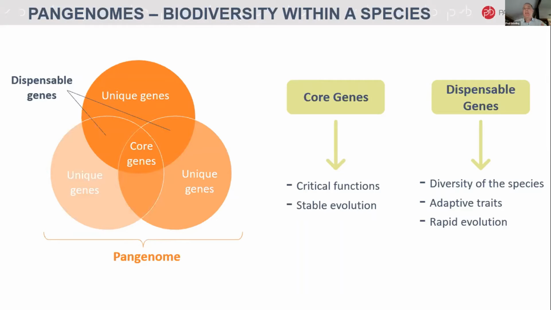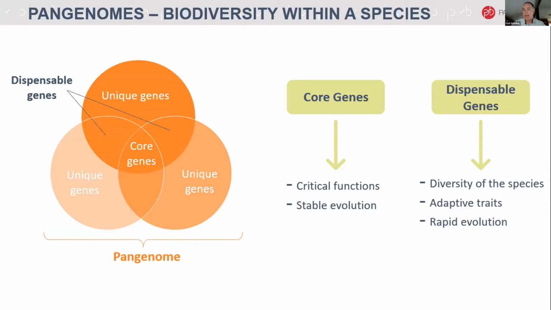When you look at the sequence differences between these different individuals, you'll see that there are core genes, which are obviously critical for the function of that organism, and they're generally highly conserved and not evolving particularly quickly. But then there are these so-called dispensable genes, which are more important for environmental stress response, that sort of thing.